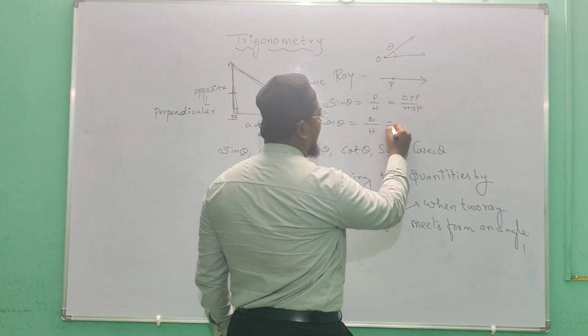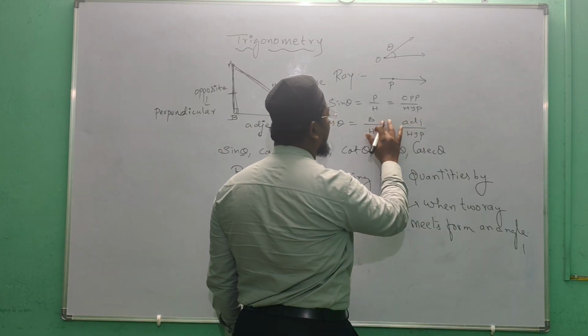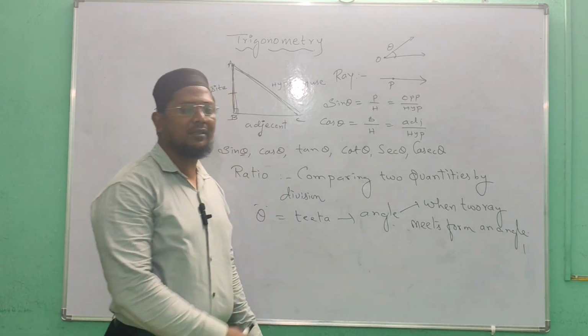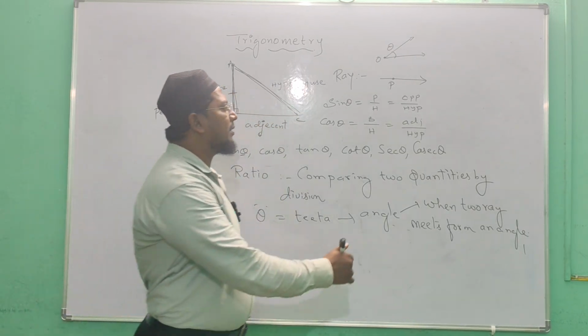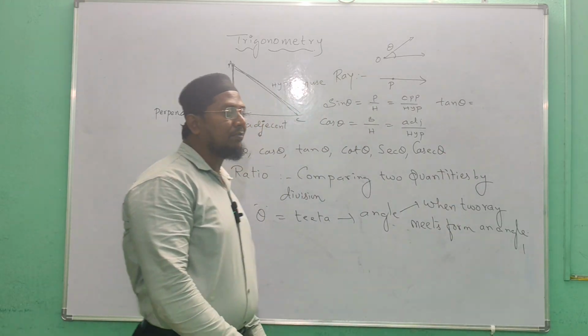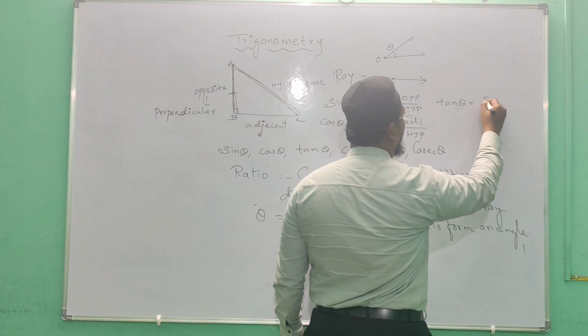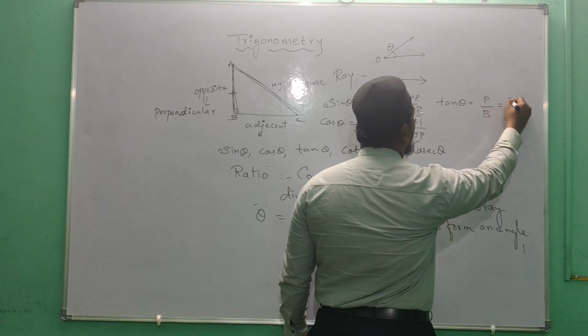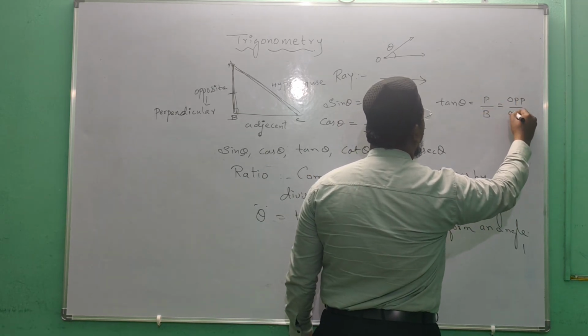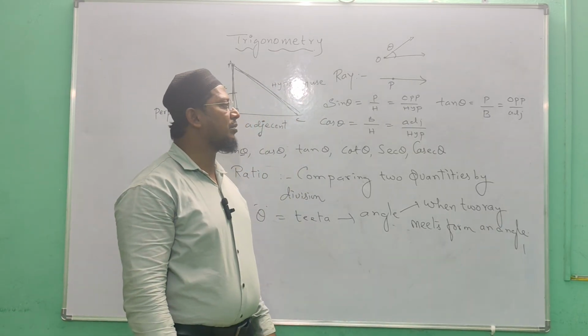We can also say adjacent upon hypotenuse. This is cos theta. And the third one is tan theta. In tan theta, we compare the perpendicular and base, so P upon B. In other words, opposite by adjacent.